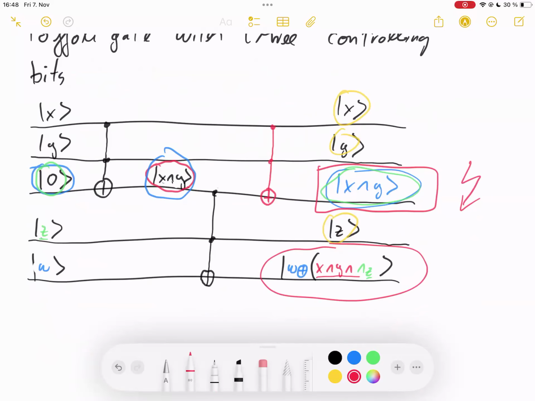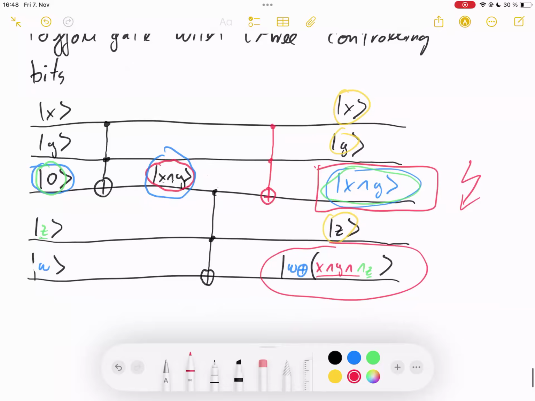If I add a third Toffoli gate here, what would happen to this area in the red box that I have here? Do you have any guess what would happen to this part that I didn't want if I have a reversible gate?